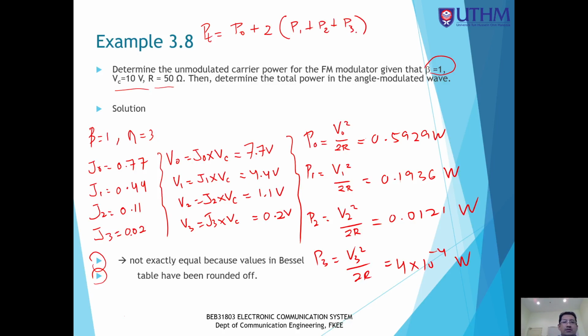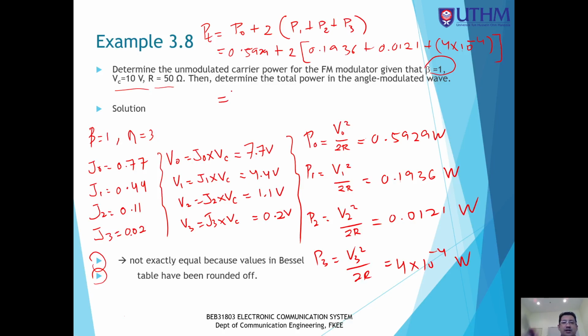So from here, this is 0.5929 plus 2 times 0.1936 plus 0.0121 plus 4 times 10 power of minus 4. Okay, and then close bracket.